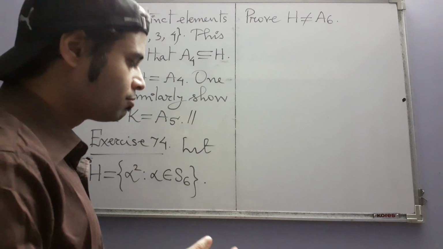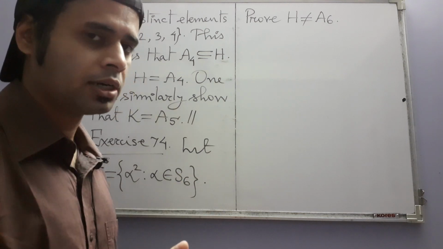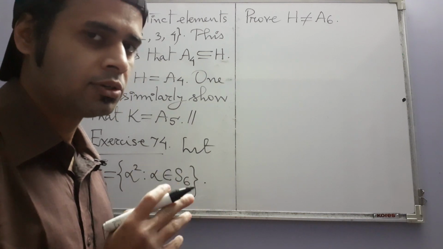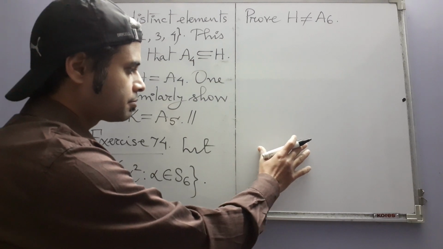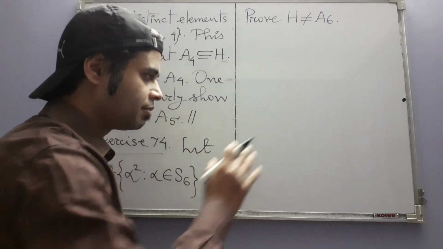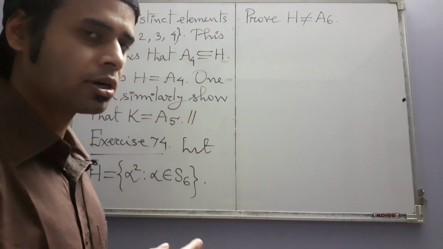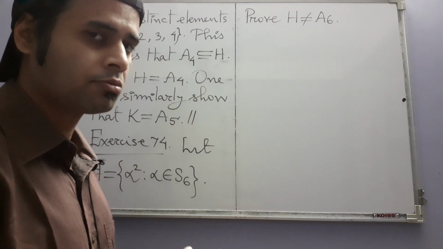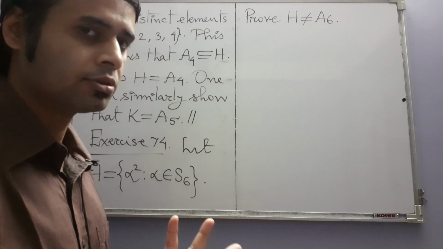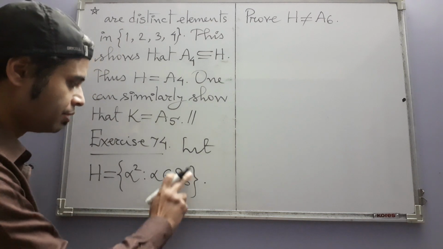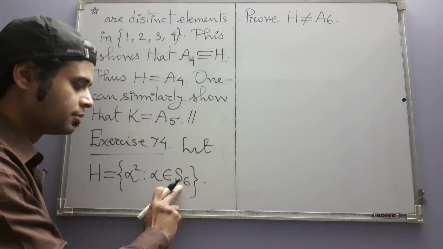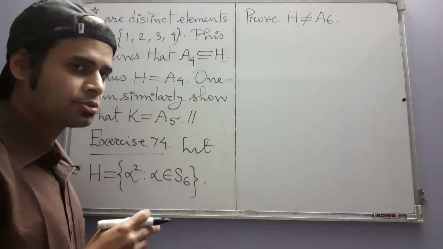So because we are not dealing with real numbers but rather permutations, saying that a given permutation is not a square requires us to know what squares are actually in S6. When we take the square of any element in S6, what do we get?